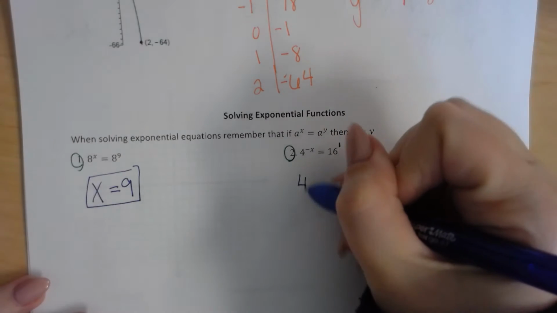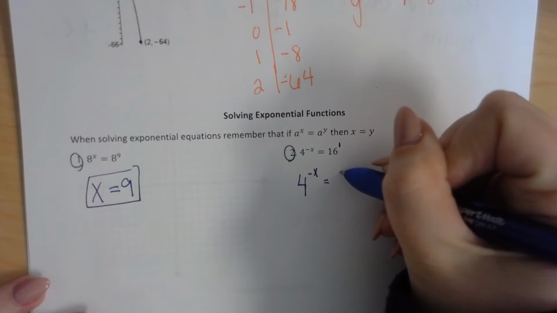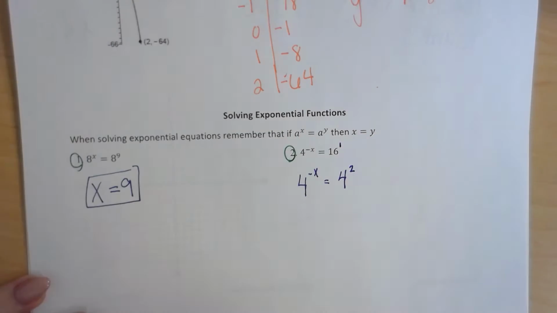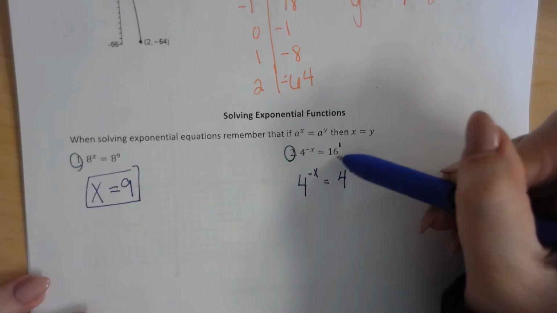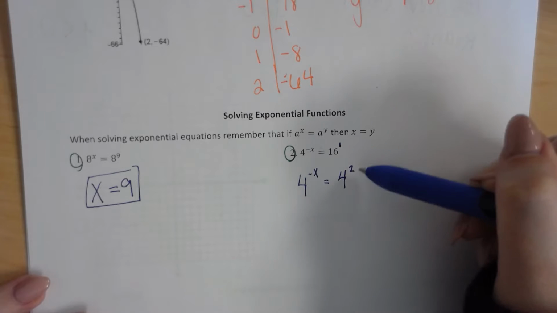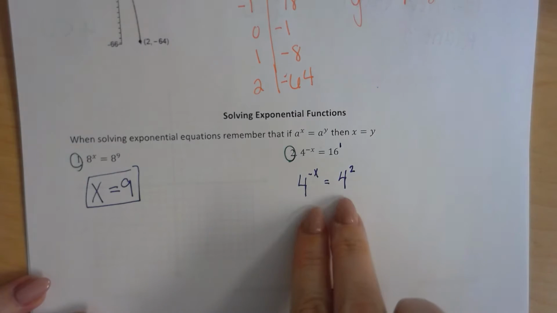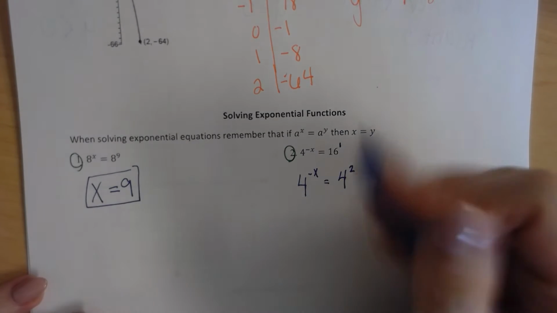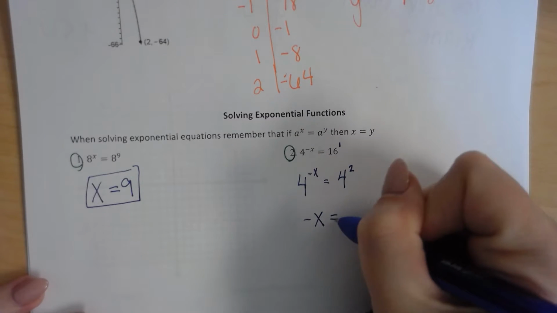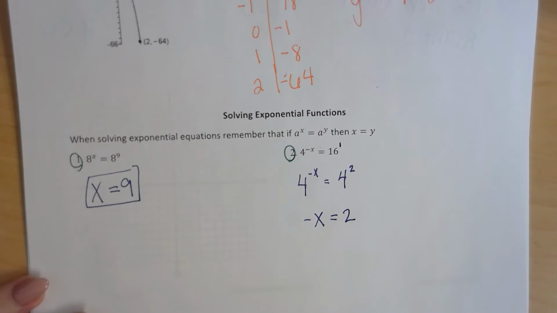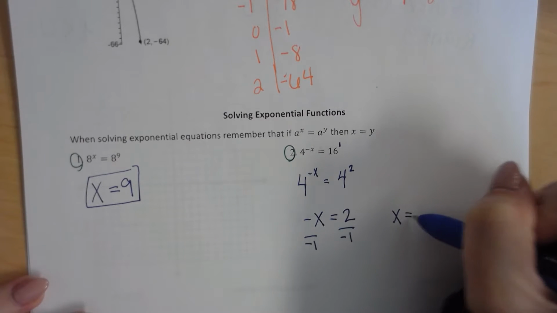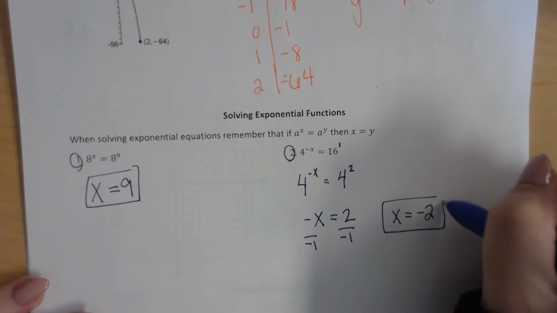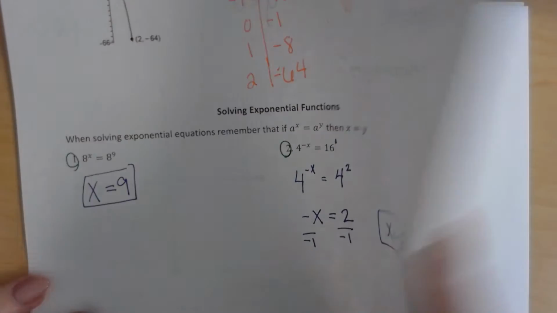However, I could, if I wanted to, change 16 to be 4 squared. I'm not changing the meaning of this. I'm just replacing 16 with 4 to the second power. Well, now that the bases are the same, the exponents are the same, so negative x equals 2. Solve for x, divide by negative 1. X is negative 2. We've just solved that equation.